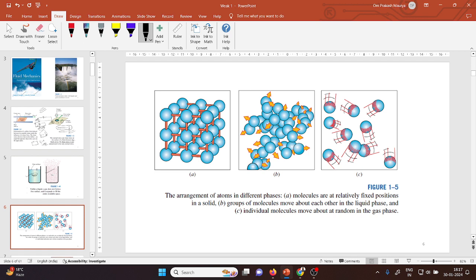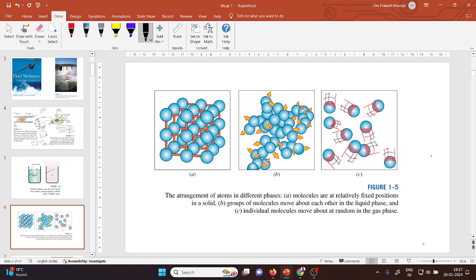Similarly, A represents the solid, B represents the liquid, and C represents the gases.